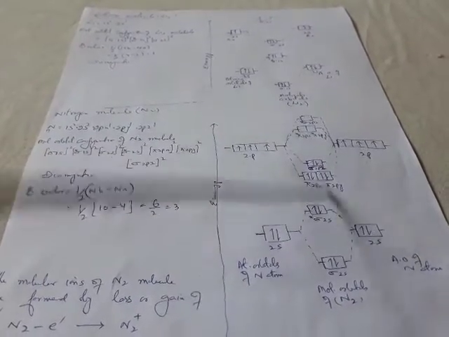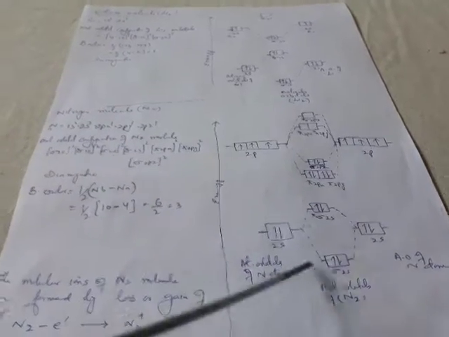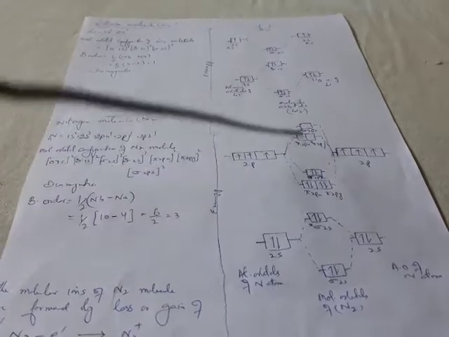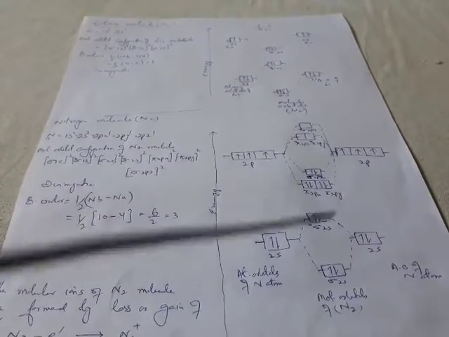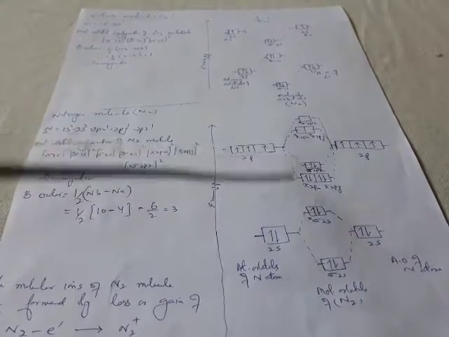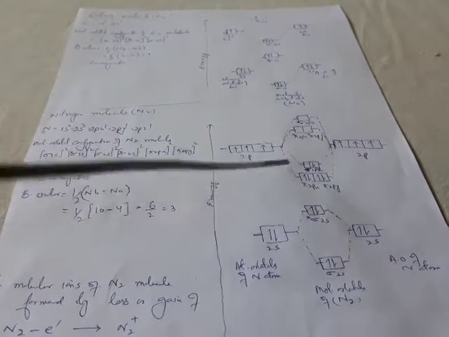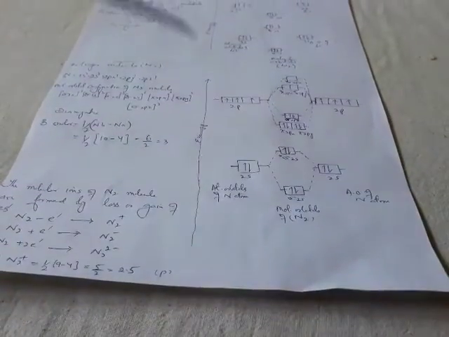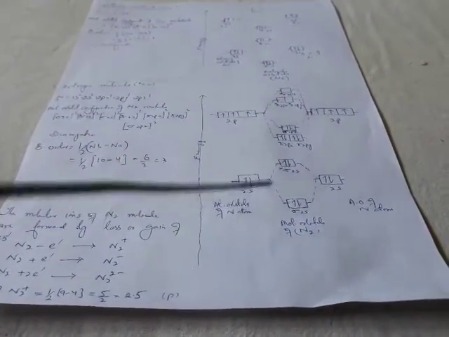Now we don't have any unpaired electron in this nitrogen molecule. If we look at the molecular orbital diagram, we don't have any unpaired electrons. So this is again a diamagnetic molecule.